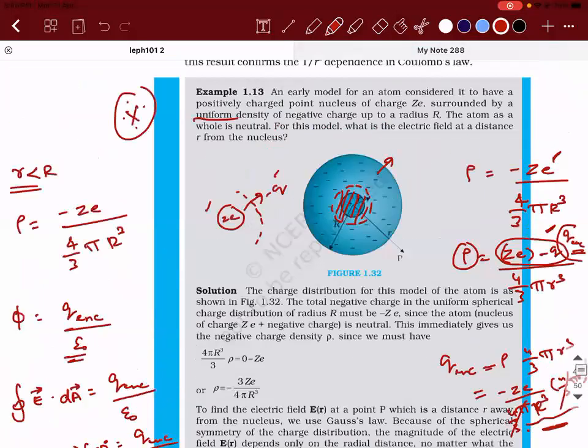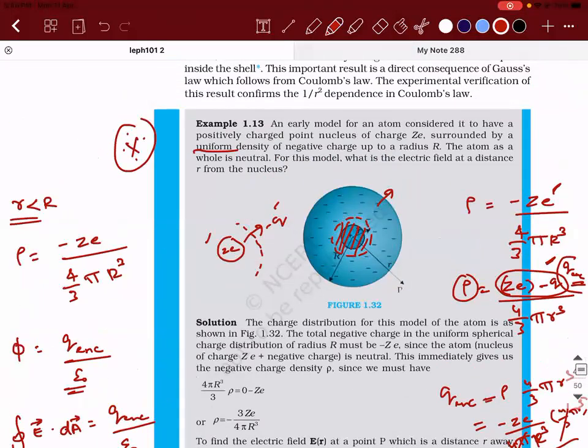This is not mass density. No, this is charge density. Which one should be 0? Okay, then it should be root 0. Then how will you take it into consideration? How will you take the density of the charge into consideration? Okay. One minute, wait. I'll take a separate page and solve.